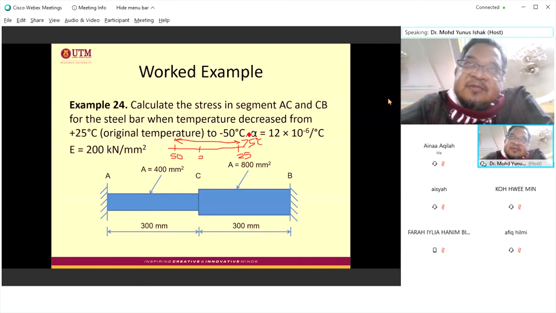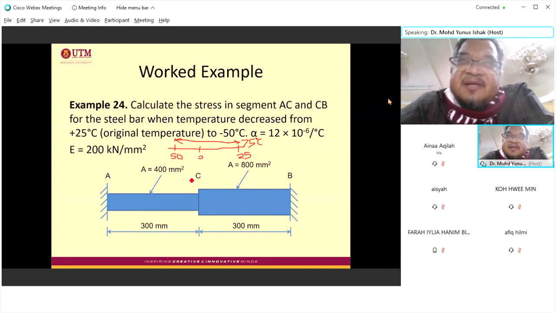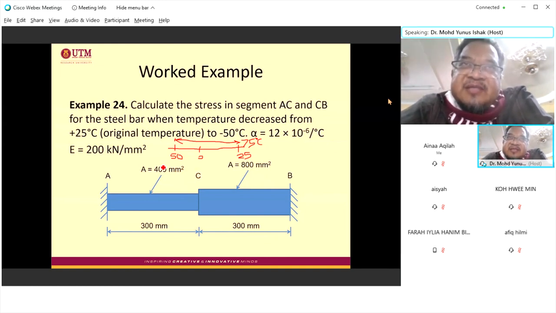So this decrease means the material will shorten. Allow it to shorten by, alright, dalam suhu, dalam bab thermal, dia tidak mengira luas. Dia hanya mengira panjang. Besar mana pun sama.